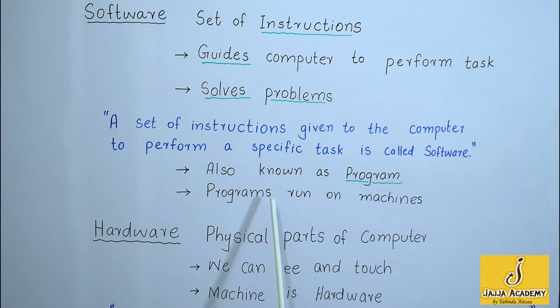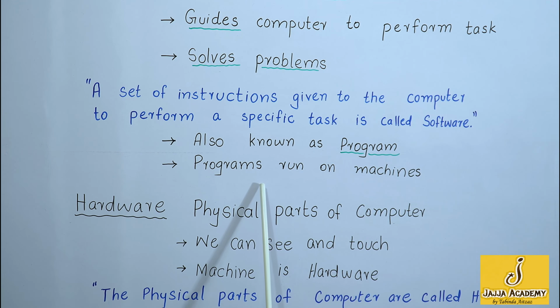Programs or softwares run on machines. Now what are machines? Machines are actually the hardware on which we run programs or softwares. For example, mobile is a machine, computer is a machine, and the softwares are what you install on the machine.